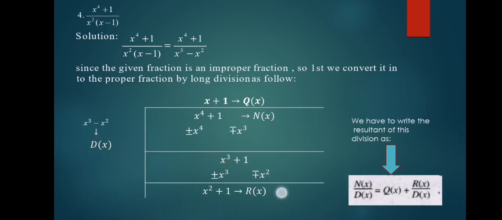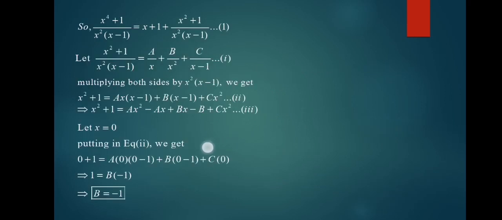Since we do not have any similar term of x^2 over here, it will be written separately. This x^3 cancels out with this x^3 after changing the signs, and we get x^2 + 1 in the remainder. Now we can easily observe that further division is not possible, so it is the remainder, this is the quotient, this is the numerator, and this is the divisor.